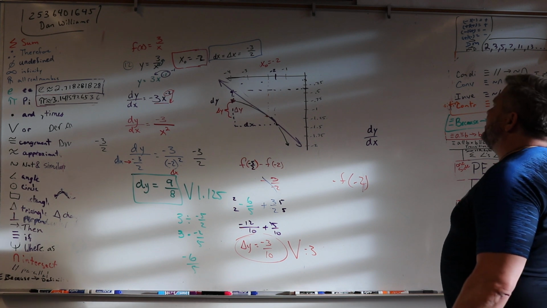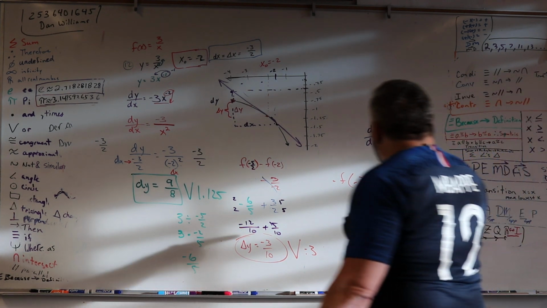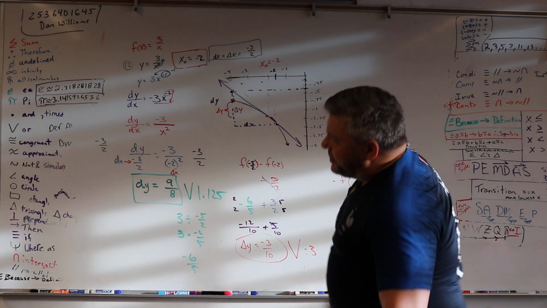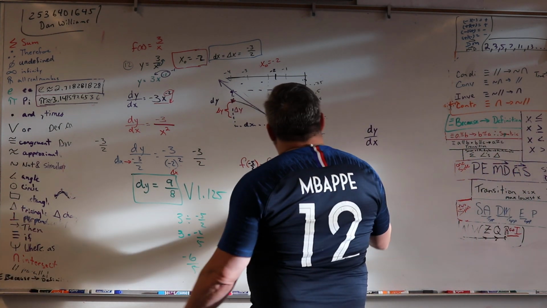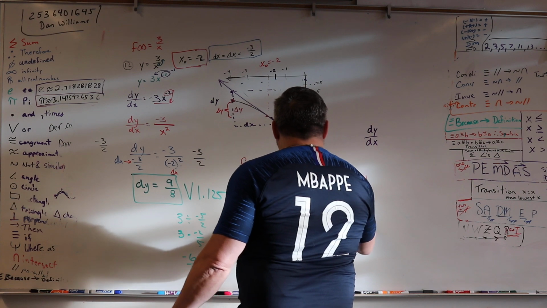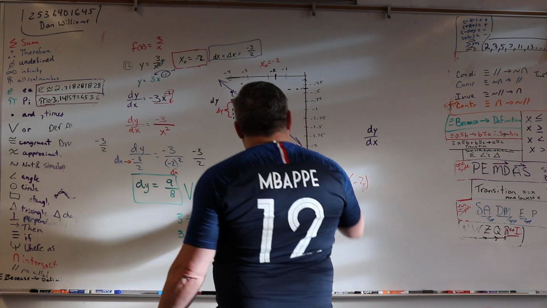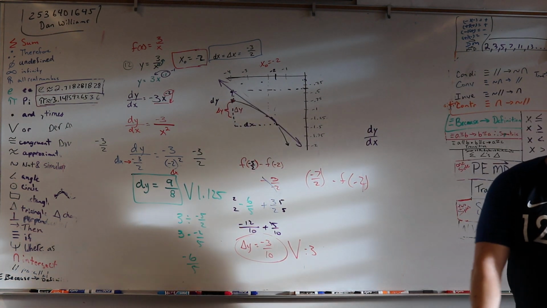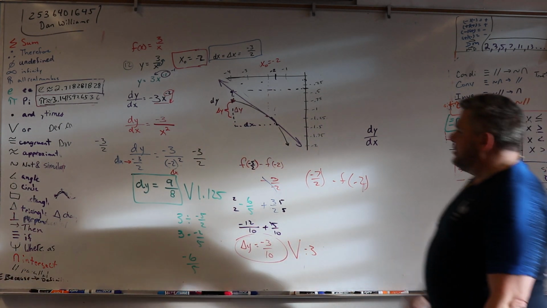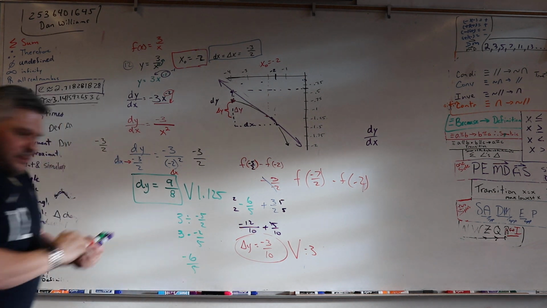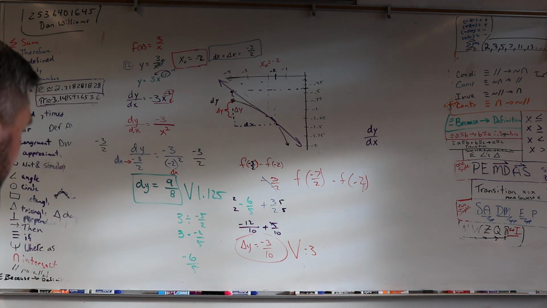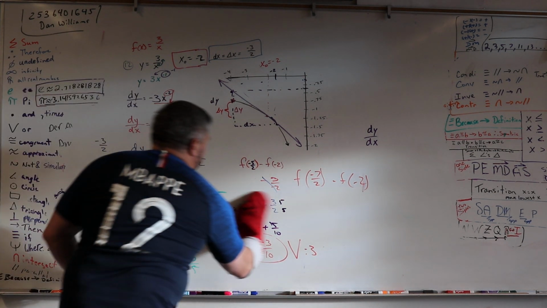Oh, that's why. I'm so stupid sometimes. Okay, so 2 is really 4 over 2, which is 7 over 2. That's why. So we're trying to find negative 7 over 2. My bad. Not 5 over 2. F of negative 7 over 2. Alright.